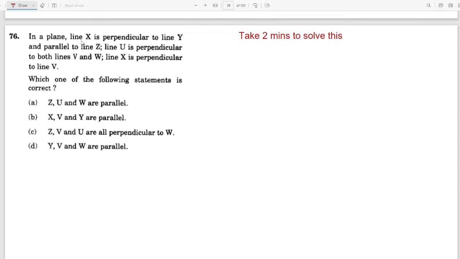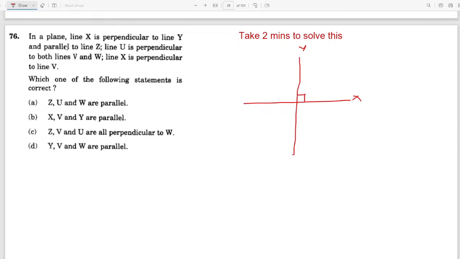They're saying that in a plane, line X is perpendicular to line Y. We take this as X, and I'll take this as Y. This is 90 degrees.